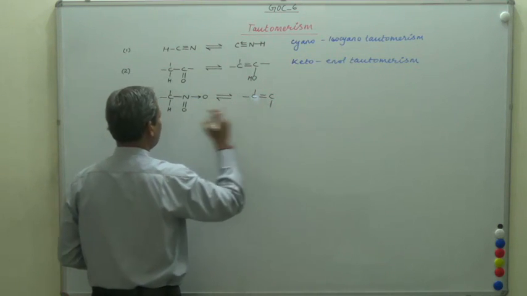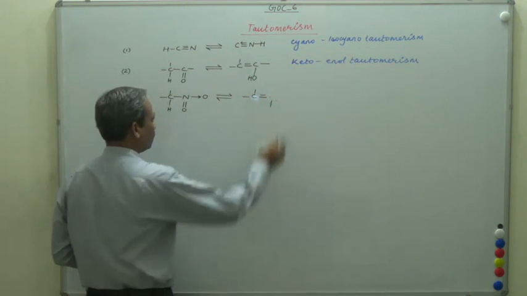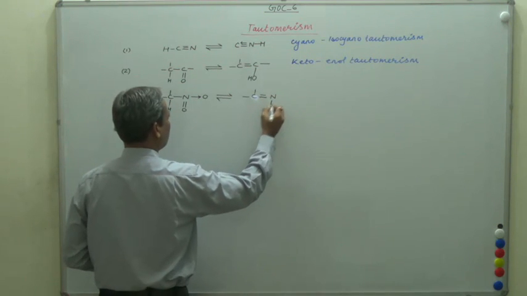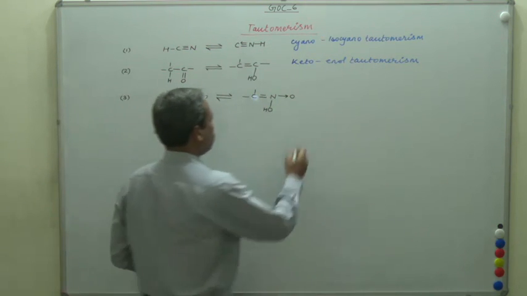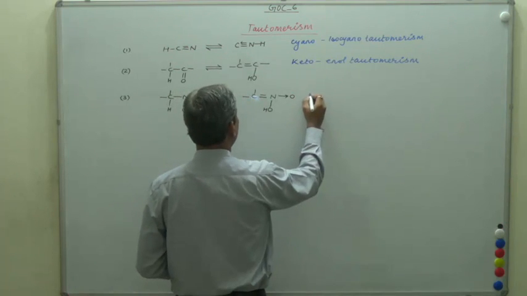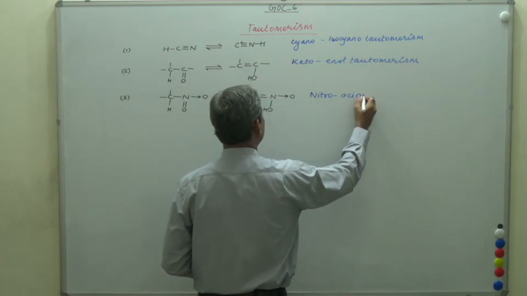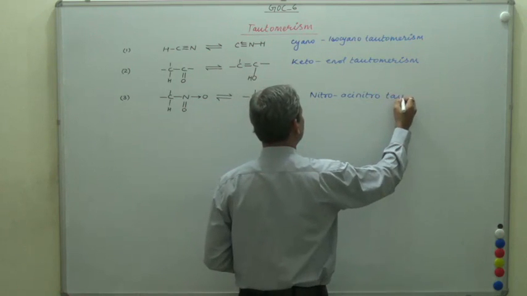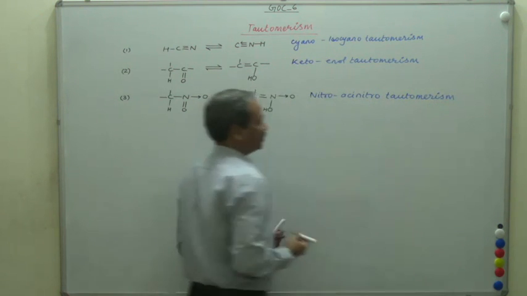Similarly here, if this hydrogen can shift between carbon and nitrogen, new group is created. So this is called as nitro aci-nitro tautomerism.